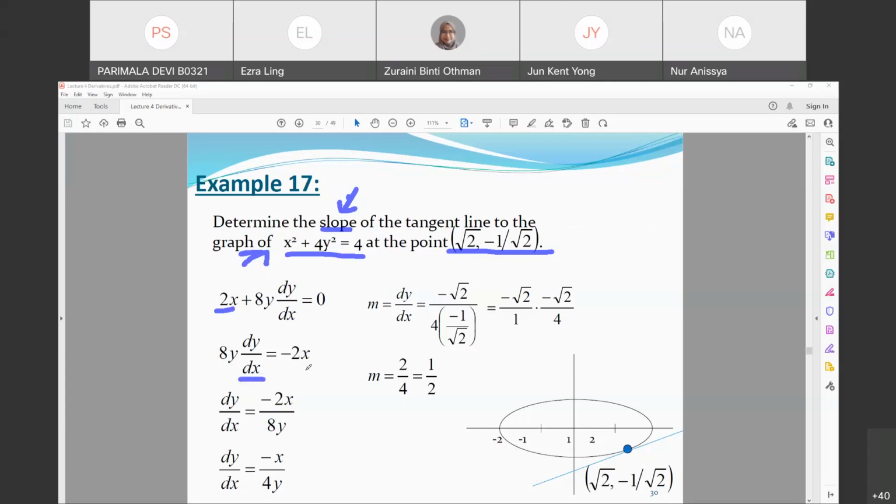Then we solve it like previously, which is we jadikan dy over dx as a perkara rumus, then we get this is the final answer. And by using this final answer, we put the coordinate that we want to find the slope. The coordinate is here. If you draw the graph, okay, then just replace x with root 2, and our y here is negative 1 over root 2. Then we get this is the final answer. Okay, any question?